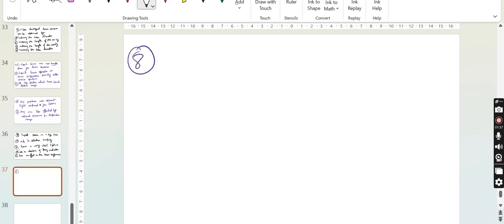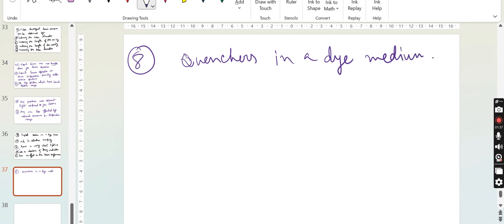Question number 8. Quenchers in a dye medium: A, enable populating triplet state.